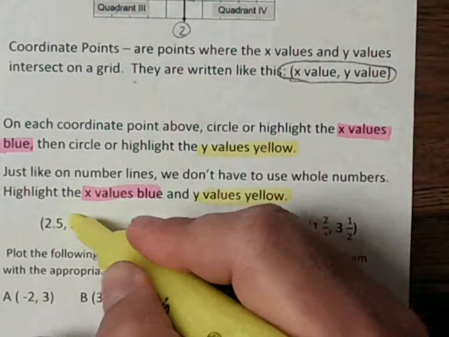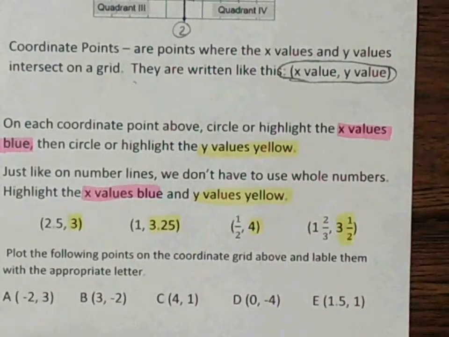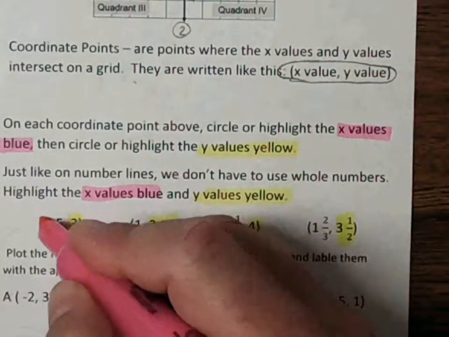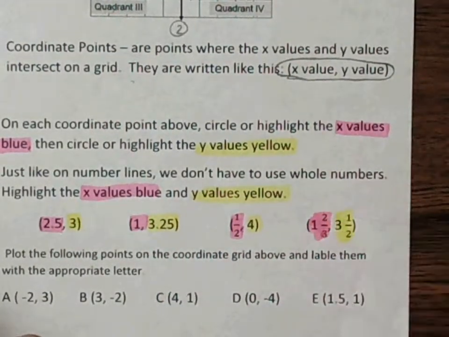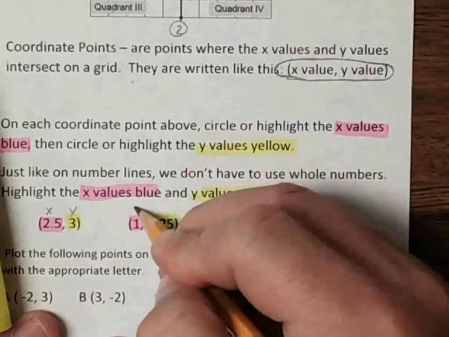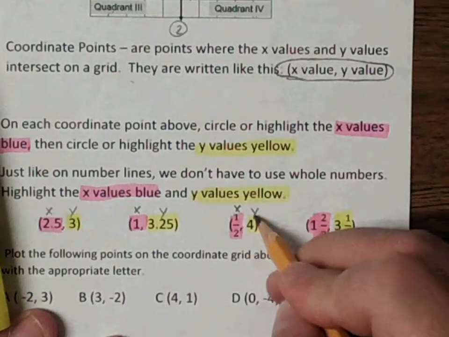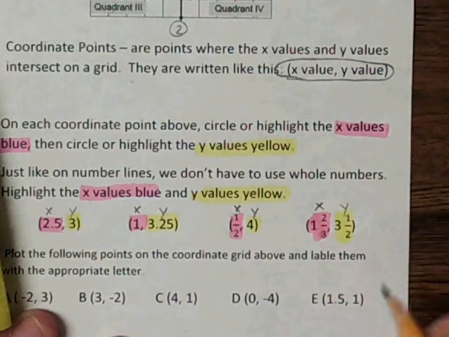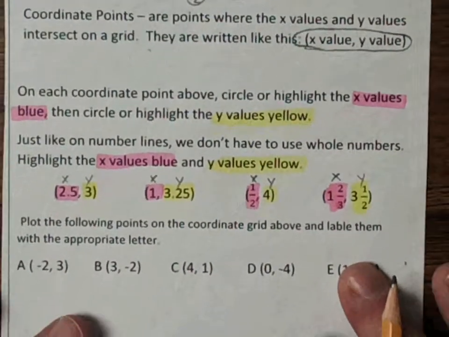So I'm going to highlight all of my y values yellow, and I'm going to highlight all of my x values pink. Okay, so now I know that these are x and y. I might even go back and put x and y over them just to get used to seeing it like this. X-axis, y-axis. X-axis, y-axis.